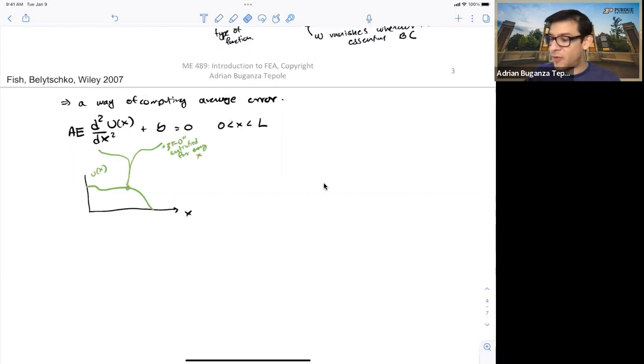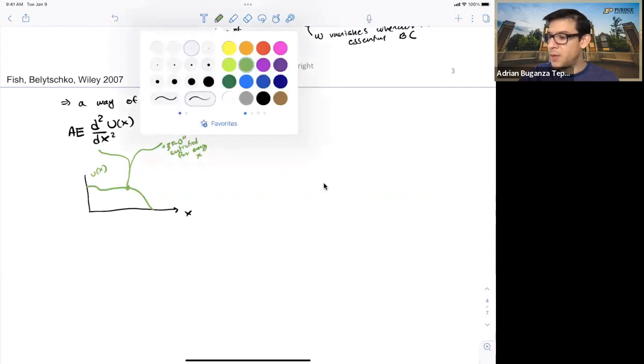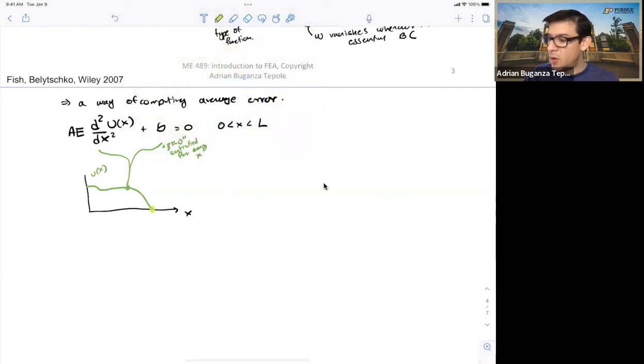And the boundary conditions, for example, here, this is one of our boundary conditions, right? That we know the value of the displacement at x equals L. Let's say that this is x equals L. That one we know, for example, let's say that it's 0. So we know something about the function in that place.